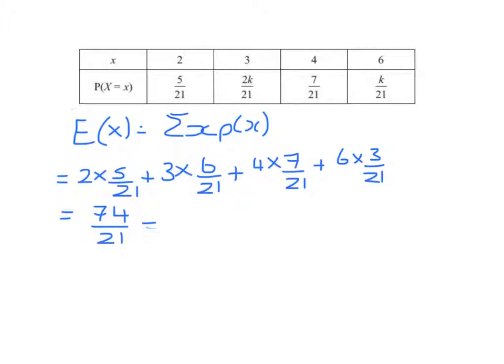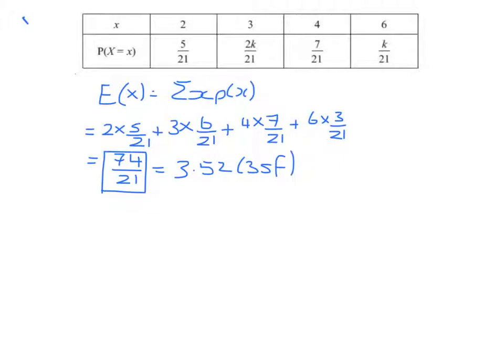It's okay to leave your answer as a fraction. Remember, if you are going to rewrite it as a decimal, make sure that you give your answer to 3 significant figures, which would be 3.52. As I said, this would be the most preferable answer.